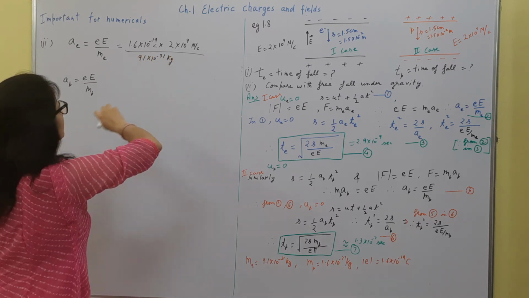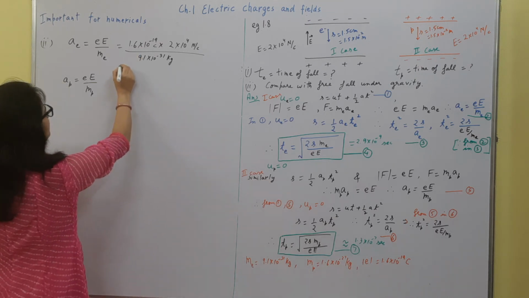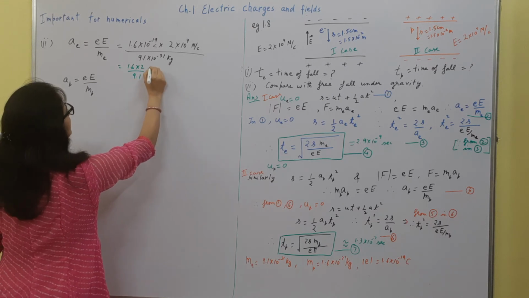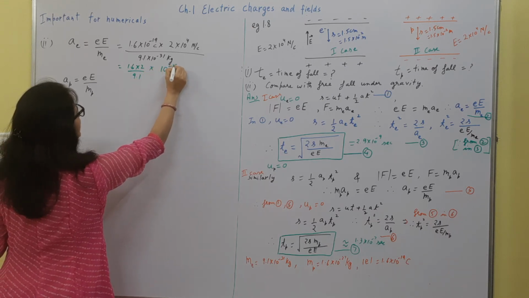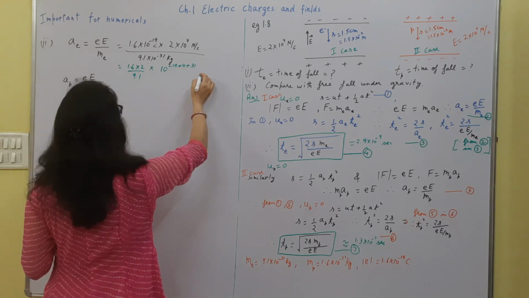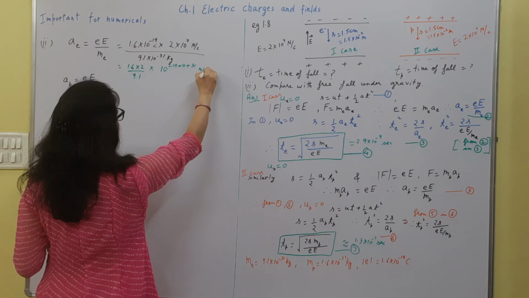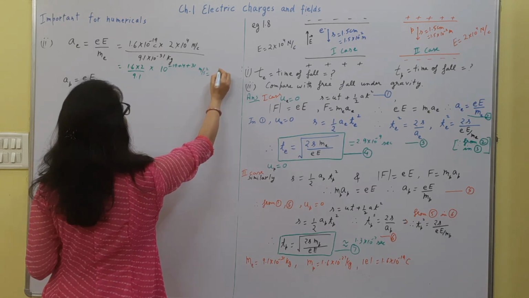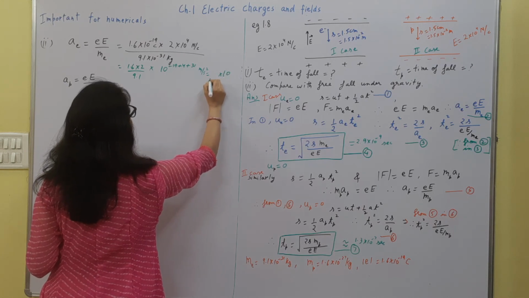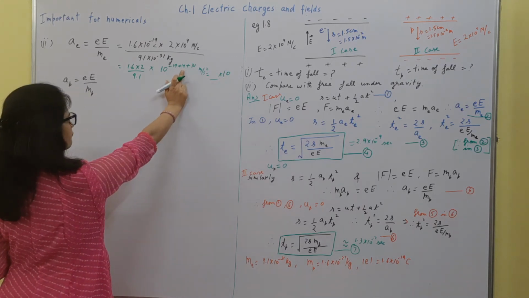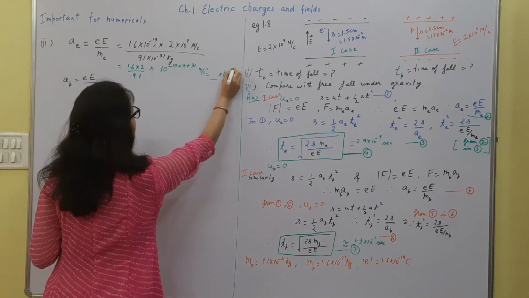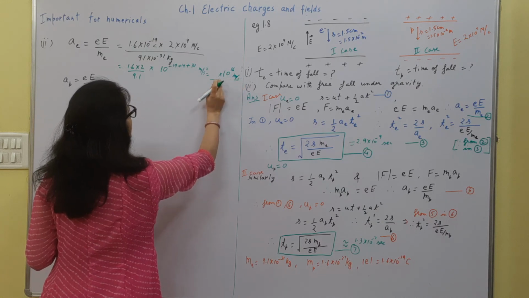If we solve it, we can combine the powers: 1.6 into 2 upon 9.1 into 10 to the power minus 19 plus 4 plus 31, in meter per second square. So this is of the order of 10 to the power something multiplied by 10 to the power 35 minus 19, which is 10 to the power 16 meter per second square.